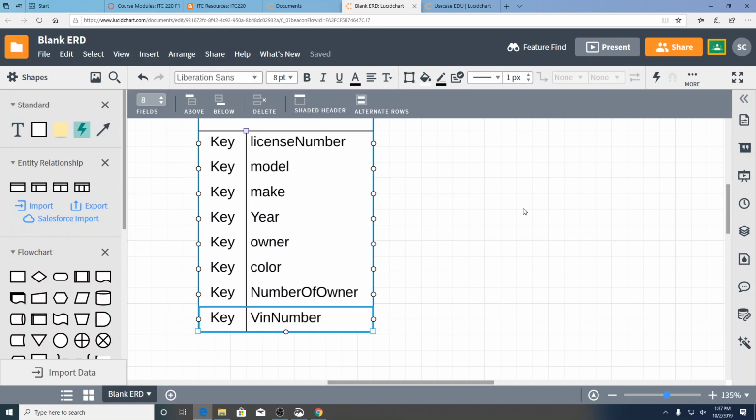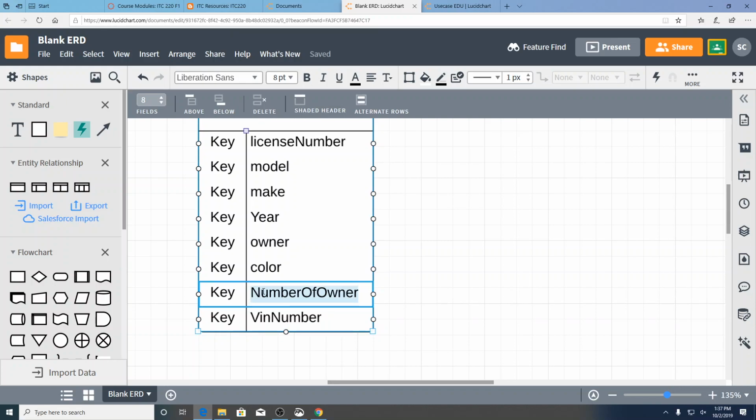So if you prefer, you could do VIN underscore number, right? I usually use camel case. Also, although I'm being real sloppy here, it's a really good idea to be consistent about how you name things and how you capitalize, which I'm not being.